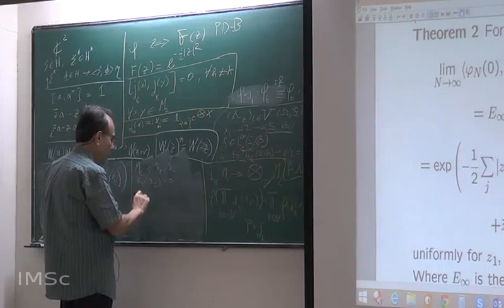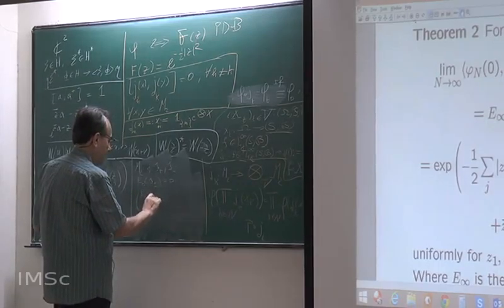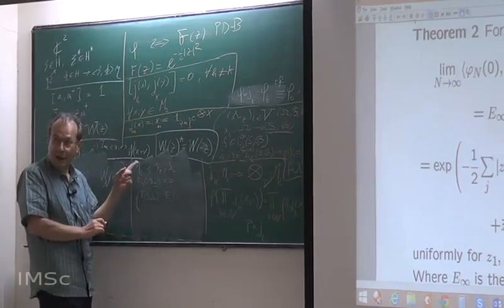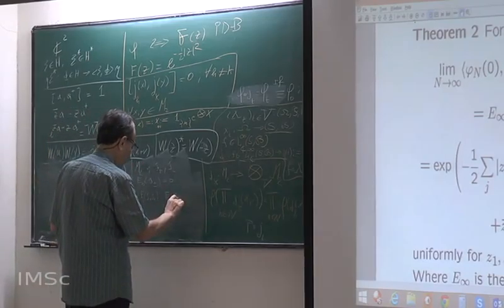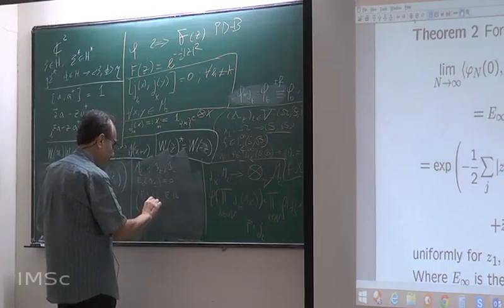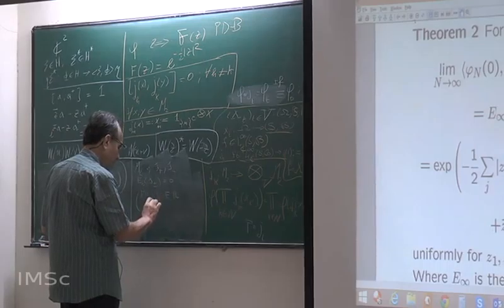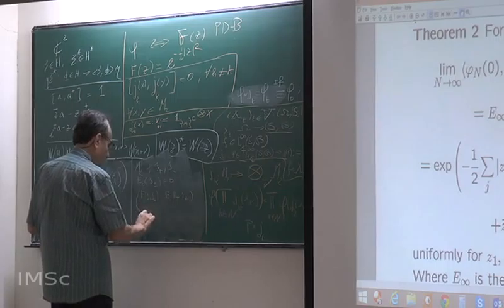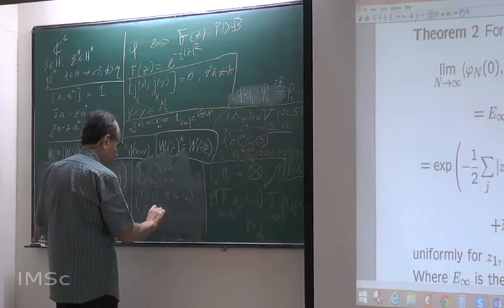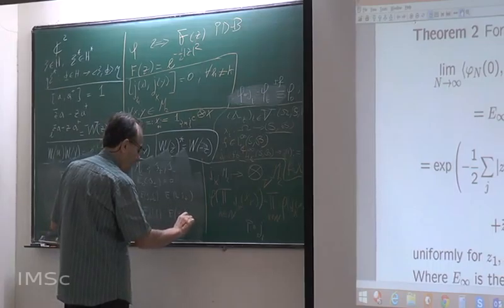So the covariance will be E0 of S plus, S minus, S plus, and S minus, and S minus, S plus. I put 0 when I take only a two-dimensional object.